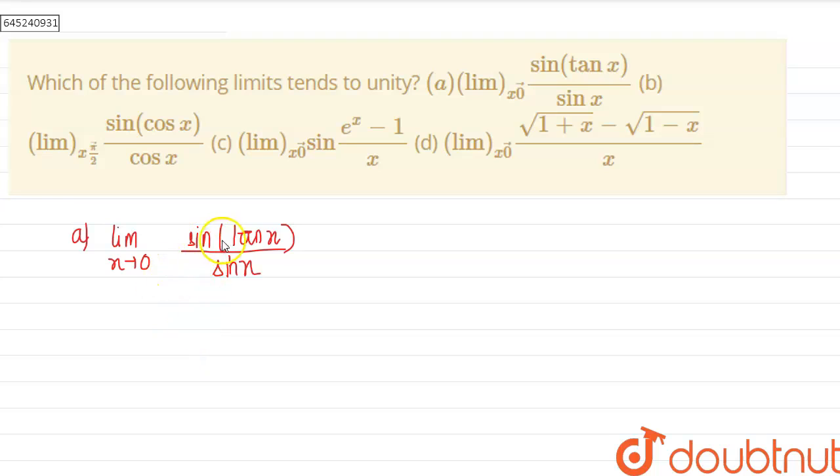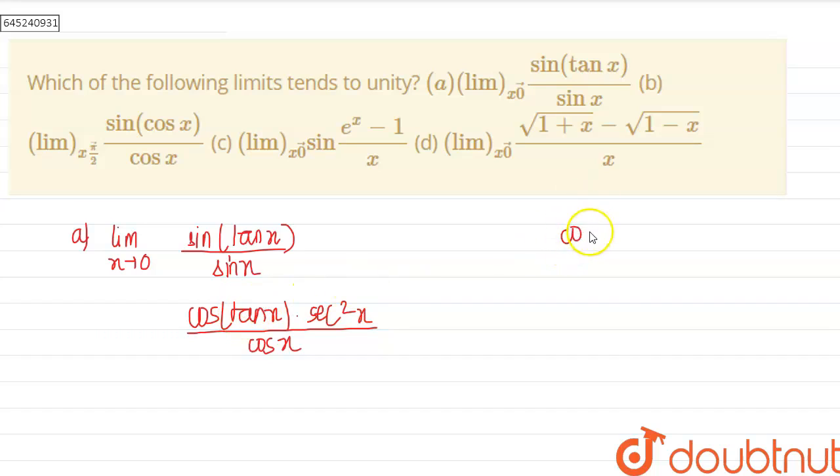So for that, differentiating, this is cos of tan x into sec square x divided by cos x. So placing 0, sec square 0 is 1, cos 0 is 1, and cos of tan of 0, so this is cos of 0.